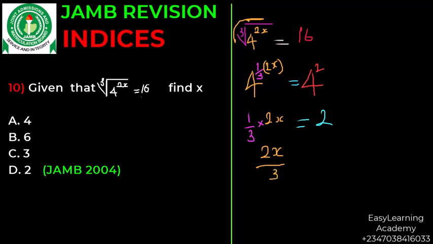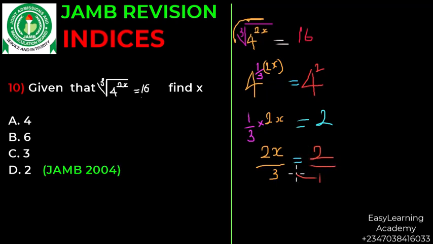Now everything will be equal to 2. Alright, and then we can cross and multiply, so we can solve for our x.